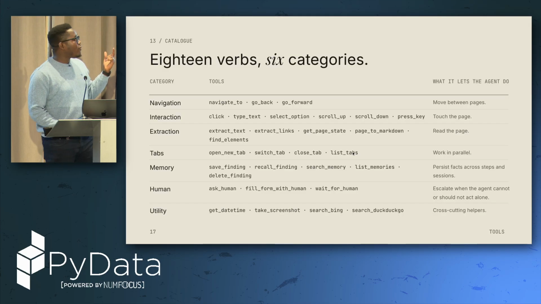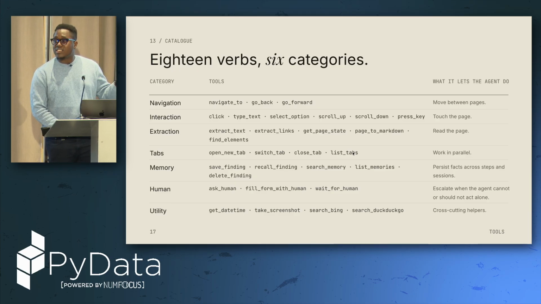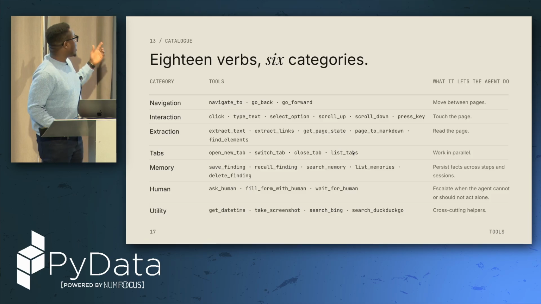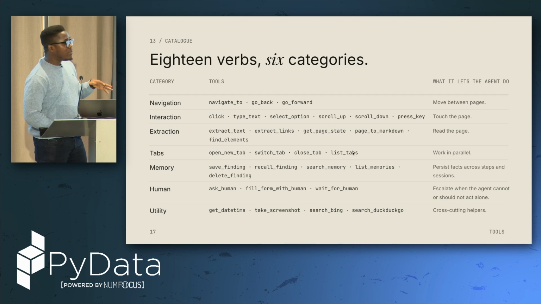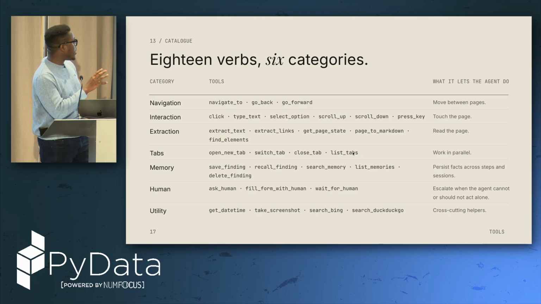Number one, for LLMs, having the right tools is very, very important. Your agent is as powerful as your tools. Like I said, for the tools that we have, extraction of text, extraction of links, then converting the page to Markdown itself, those tools help the LLM see what exactly is on the web page.